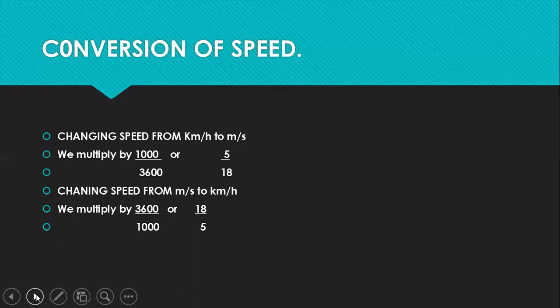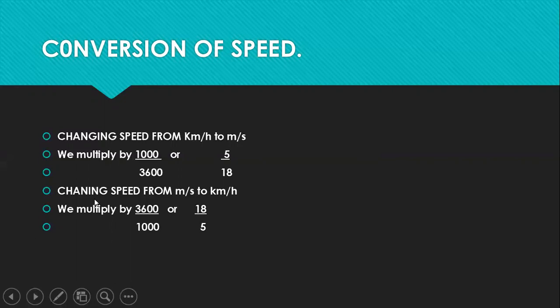Anytime you have your speed in kilometers per hour and you want to change it to meters per second, you will multiply the speed given by 1000 over 3600, or if you simplify it, it is 5 over 18. So where did I get my 1000 and 3600 from?